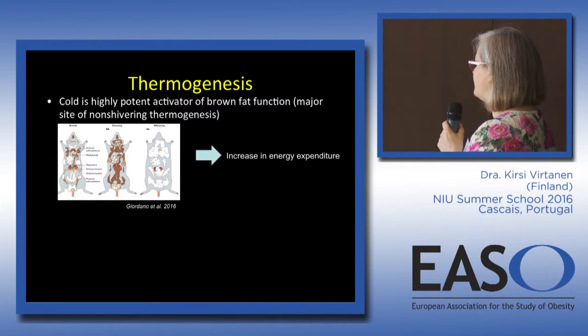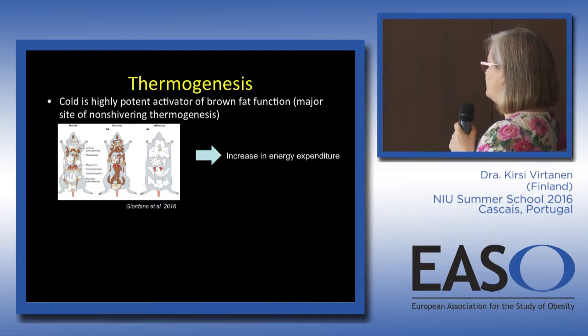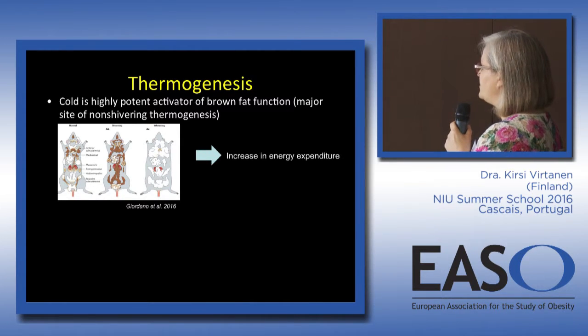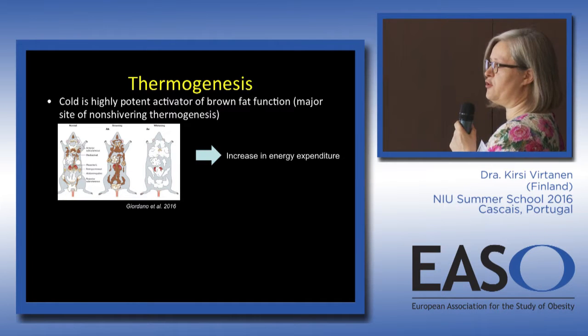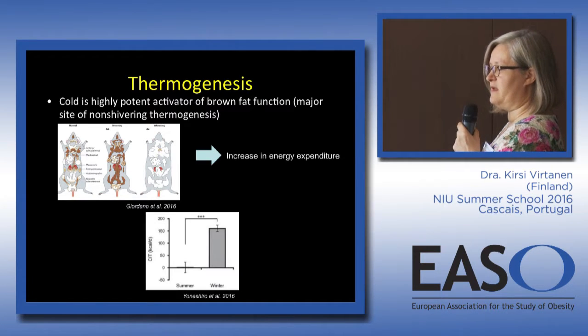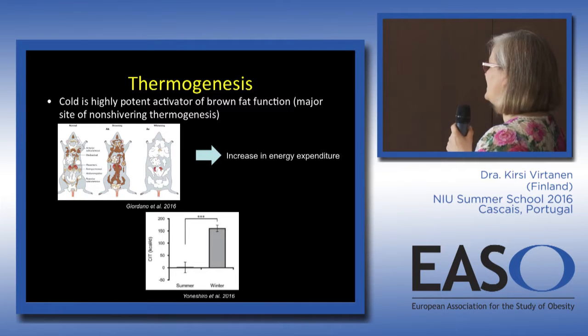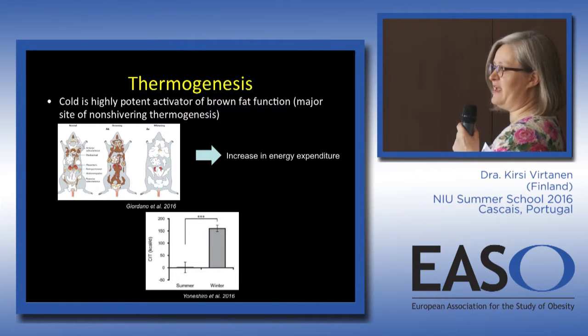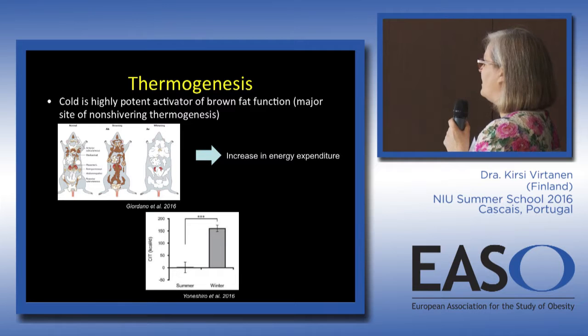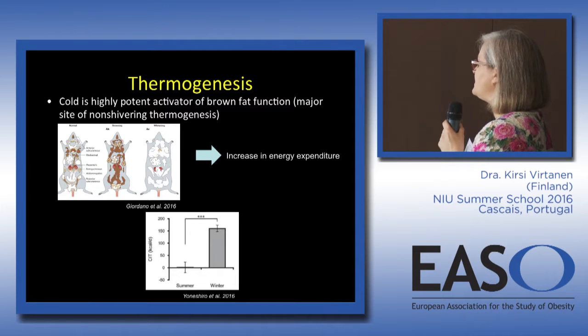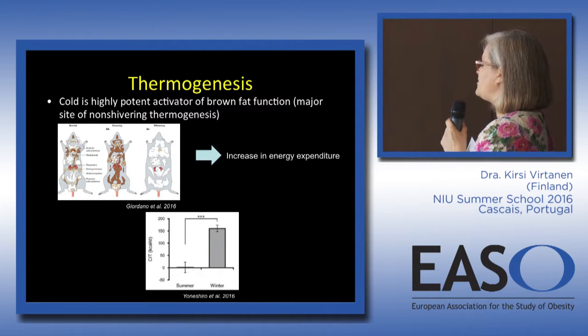This is a study from Japan, from Yoneshiro and Saito. They measured cold-induced thermogenesis, which means that they measured energy expenditure in cold and in warm, and the difference is the cold-induced thermogenesis. And there is seasonal variation, so in winter this increase is much higher.